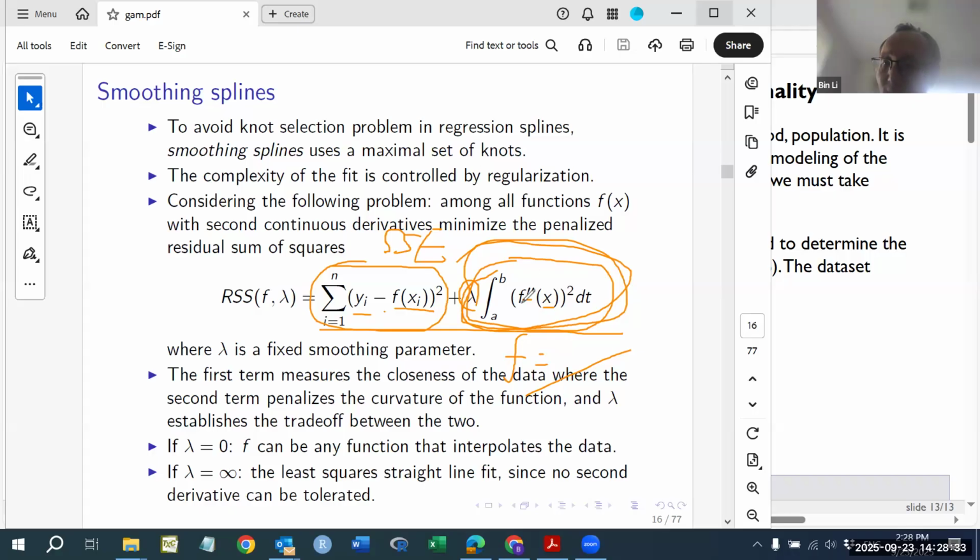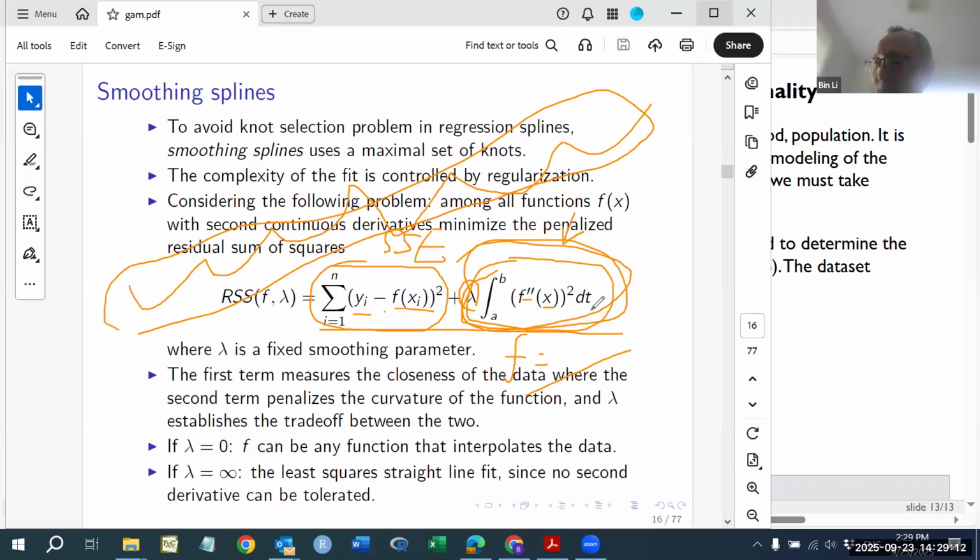So now you may understand what that term is about. This is capturing the curvature of a function. So what type of function f will give us a large value for the second term? Can you write out some function which will give us a large value for the second term? I can show you some. If the function looks like this zigzag, very complicated, this will have a large value.